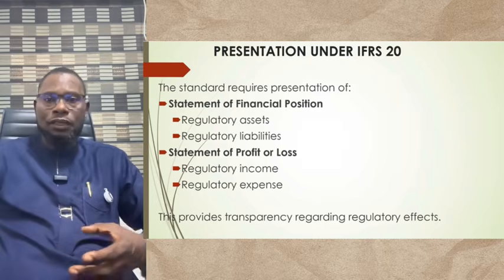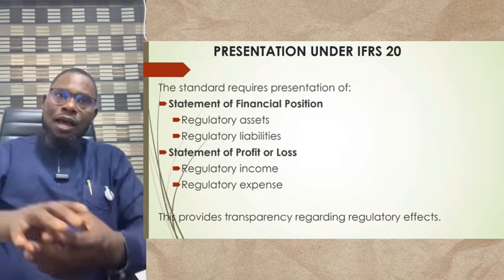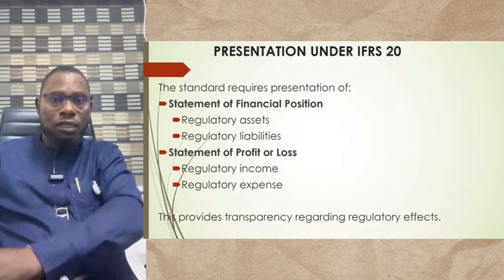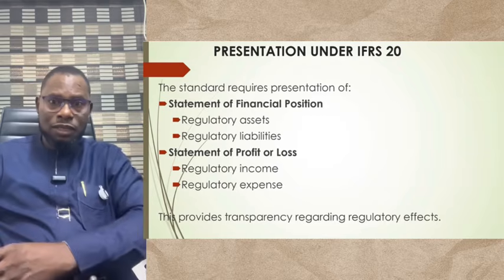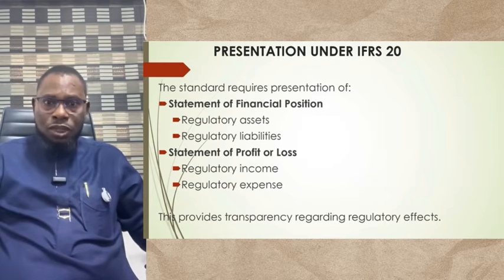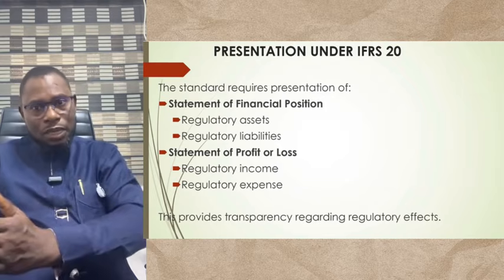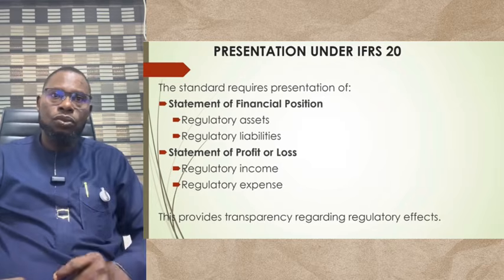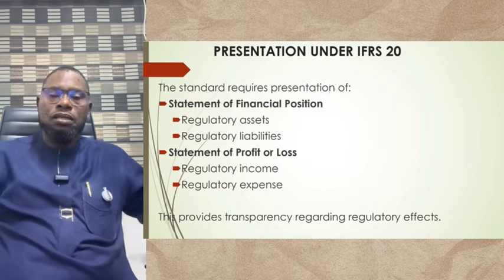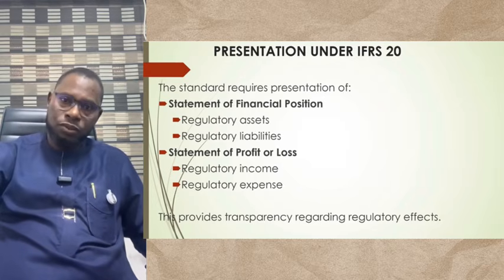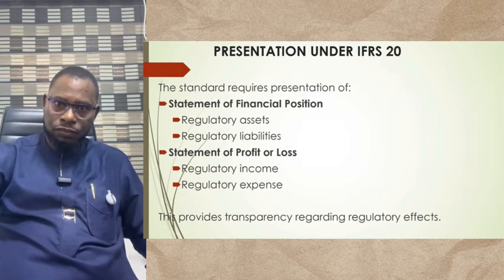So the regulatory assets will find their way to where assets are. And of course, the regulatory liabilities will find their way to the liability side. You know, the balance sheet follows the accounting equation format. All assets are equal to liabilities and equity. So they'll find themselves in the statement of financial position, otherwise called the balance sheet.